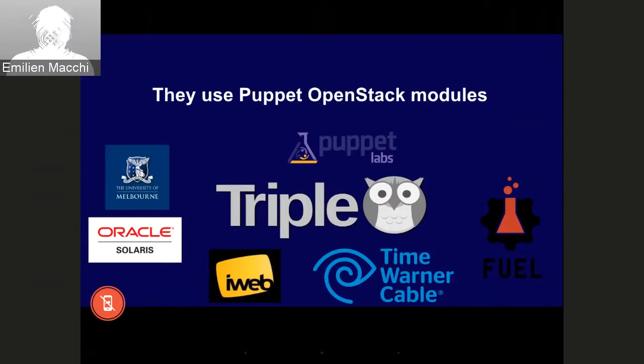So there are a lot of use cases and quite a diverse community based on operators' feedback. We are building the Puppet modules from operators' feedback, which is good for us. We are actually working closely with the operator community.